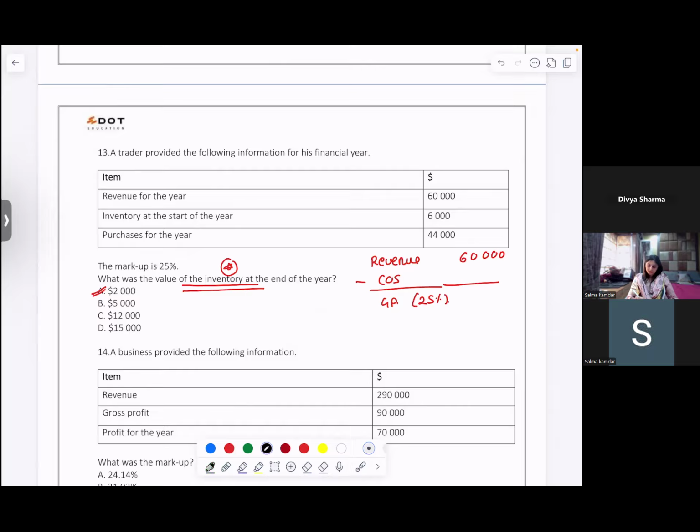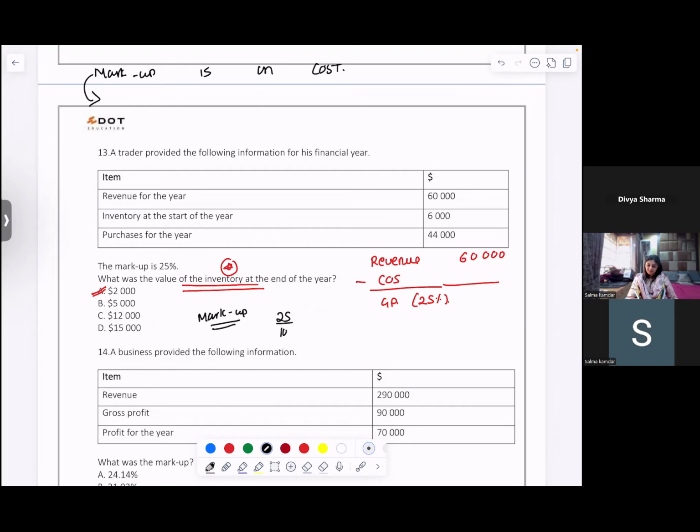Markup means on cost of sales, so markup is on costs. But do I have the cost? No, I have sales. So can you convert markup to margin, which is 20%?